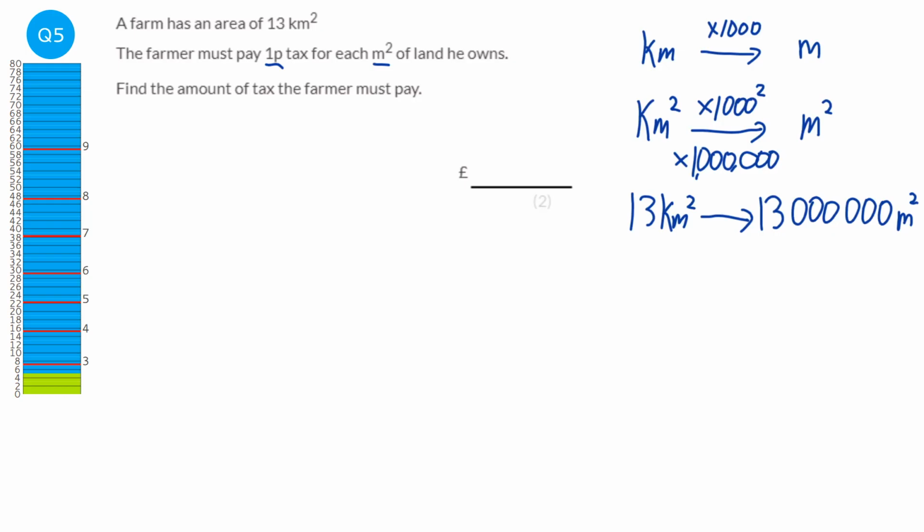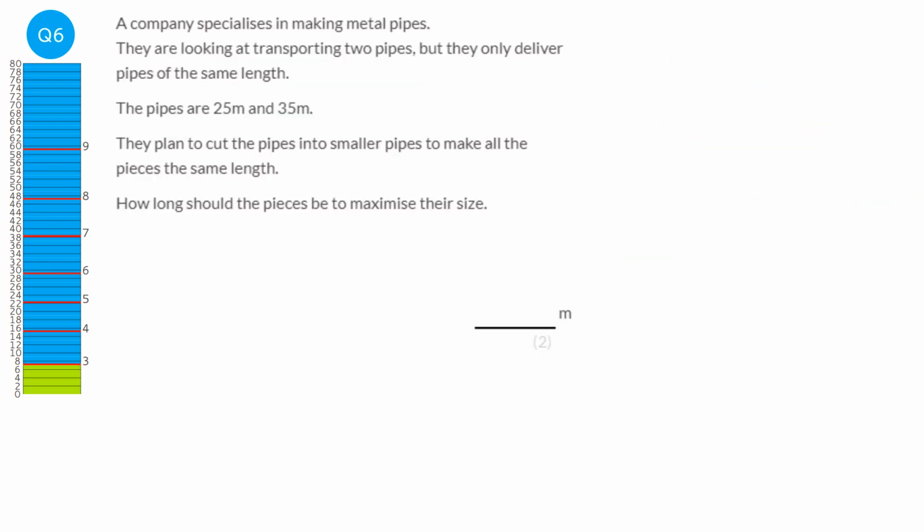And so that's going to cost him or her 13 million pence. But the answer is going to be in pounds. So we just need to get rid of 2 of the zeros at the end. So it's going to be 13, 1, 2, 3, 4. So it's going to be £130,000.